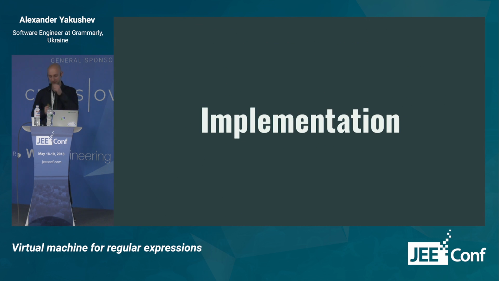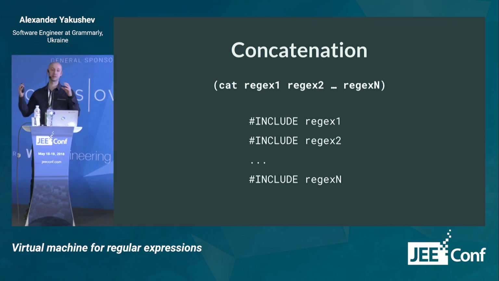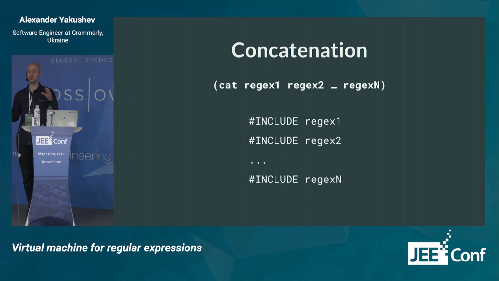Okay. So a few words on the implementation. How can you implement the common quantifiers, the common regular expressions, using these instructions we introduced? So the catenation is very simple. You just catenate the bytecode of different regular expressions one after another. This include thing, it's not an instruction, it's a compiler macro, so to say.